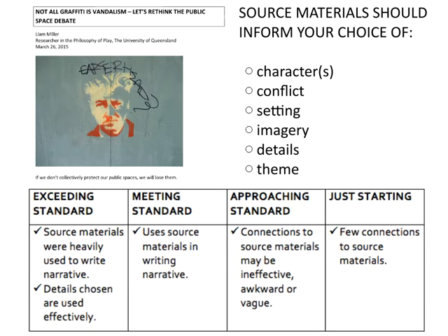For an exceeding standard, the source materials were used heavily in writing the narrative, and the details that are chosen are used effectively. So not only have you chosen some details from those articles or the images to include in your narrative, but you've really used them effectively or in craftful ways throughout your narrative writing.